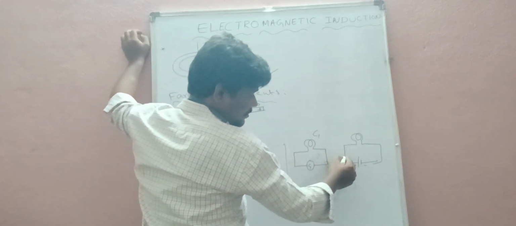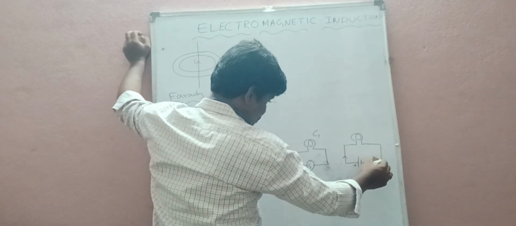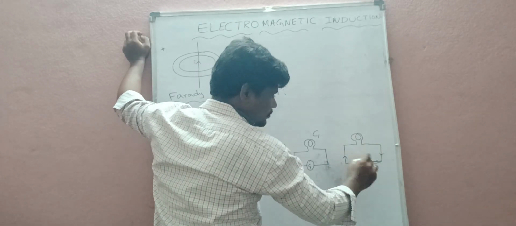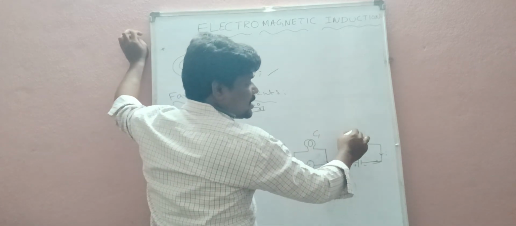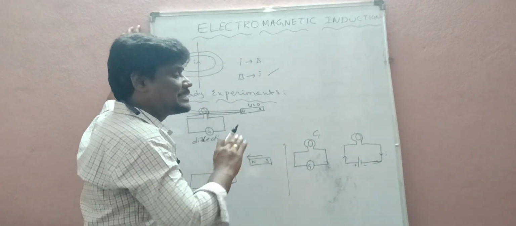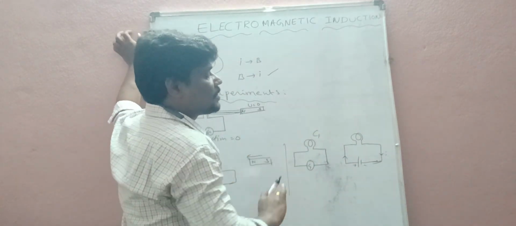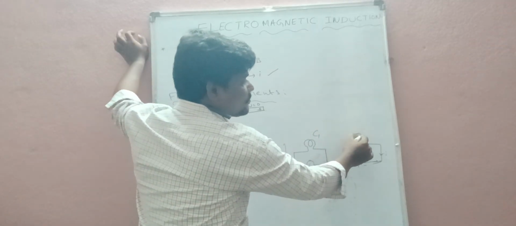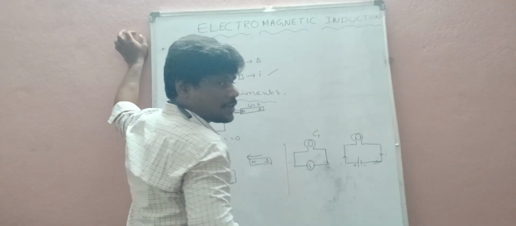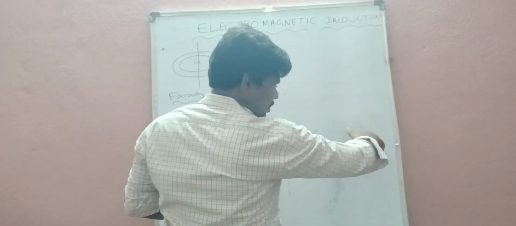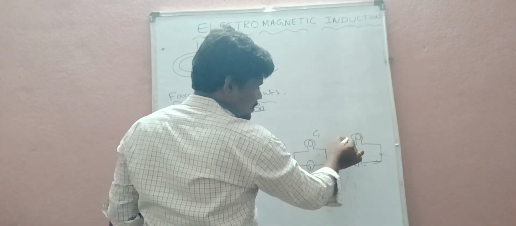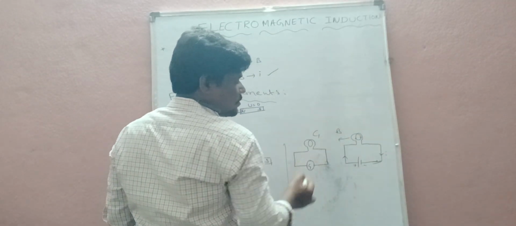The current is flowing from the positive terminal to the negative terminal. What is the direction of current in the coil? Is it clockwise or anti-clockwise? Clockwise current. Due to the clockwise direction, the magnetic field is in this direction.